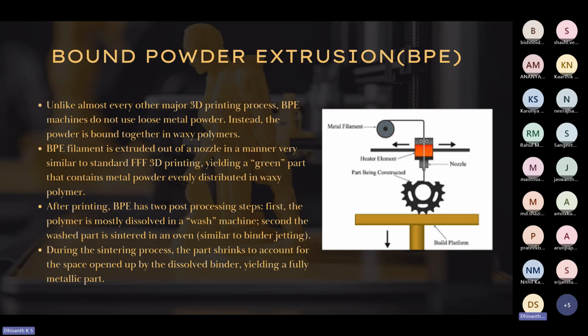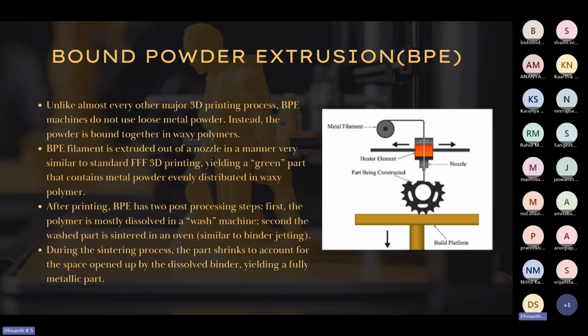And this filament is extruded through a nozzle, and it prints the same as an FDM printer, which we saw earlier. There, polymer filament is used, but here a mixture of metal and polymer is used to print. And then later, the final material will have both metal and polymer.